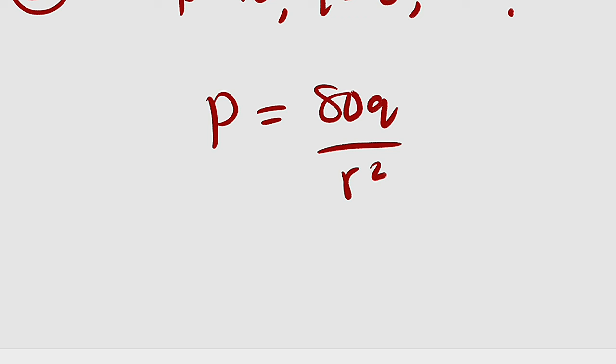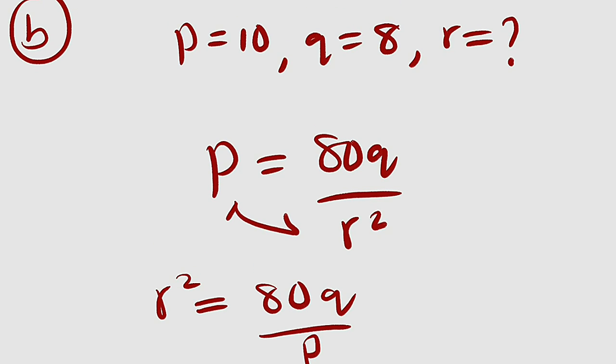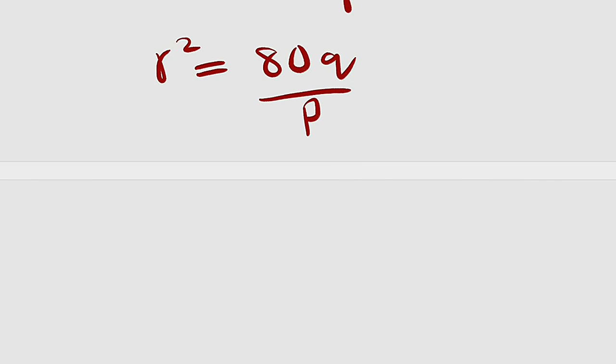But this time around, we are looking for what? R. So we can always switch these two together. So we have R squared equal to 80Q divided by what? P. So now let us substitute. P is equal to 10 and Q is equal to 8.